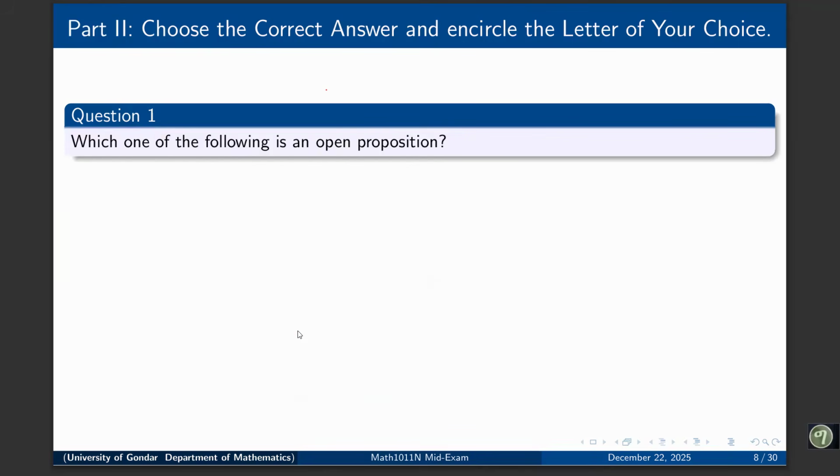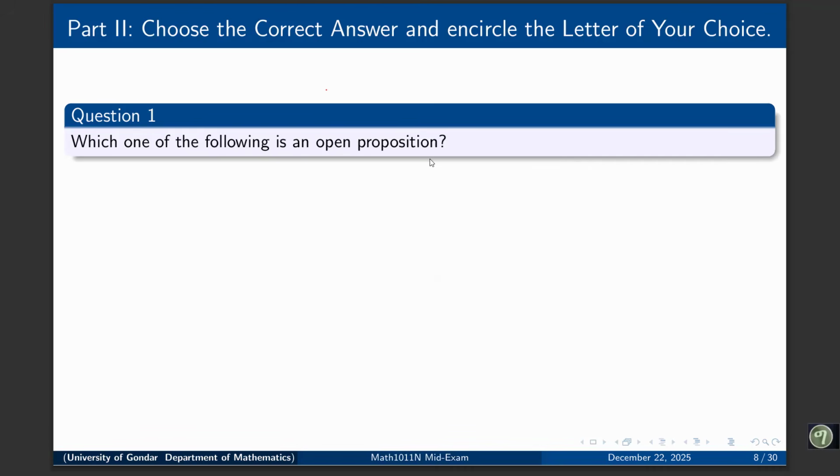The next one is the first question of the second part, a multiple choice item. The first question: which one of the following statements is an open proposition? Remember the definition of an open proposition.